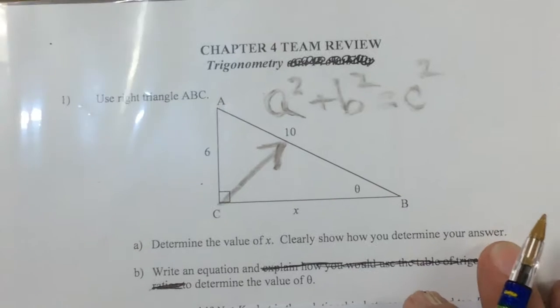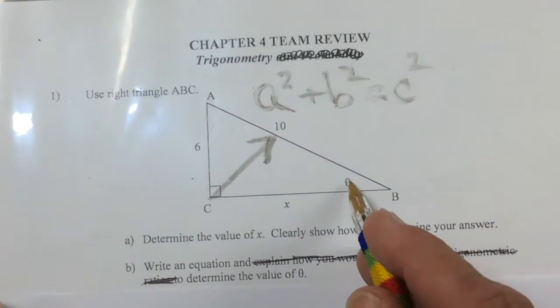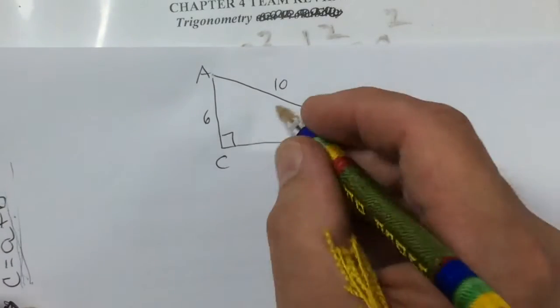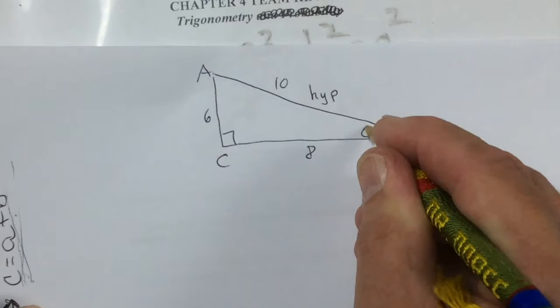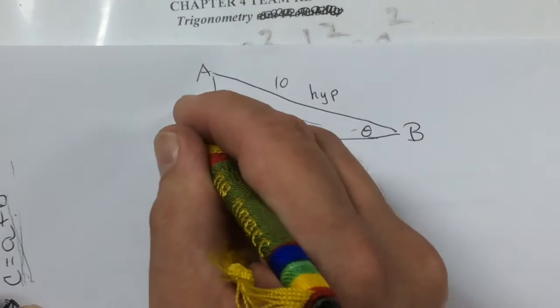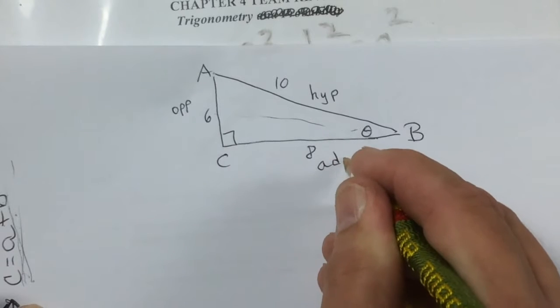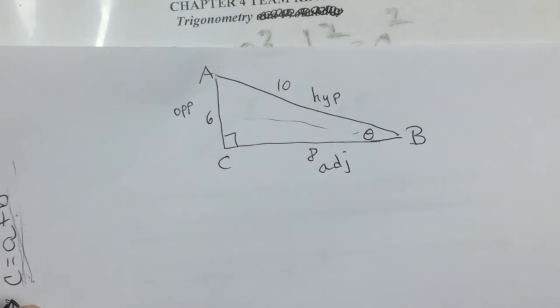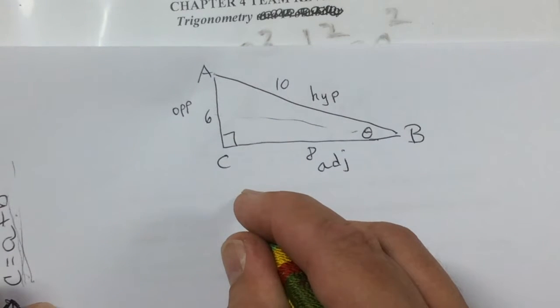Then write an equation and determine the value of theta. So this is the hypotenuse. This is the angle we're looking at. So that means this is the opposite side, and this is the adjacent side. And you can now do any one of these equations.